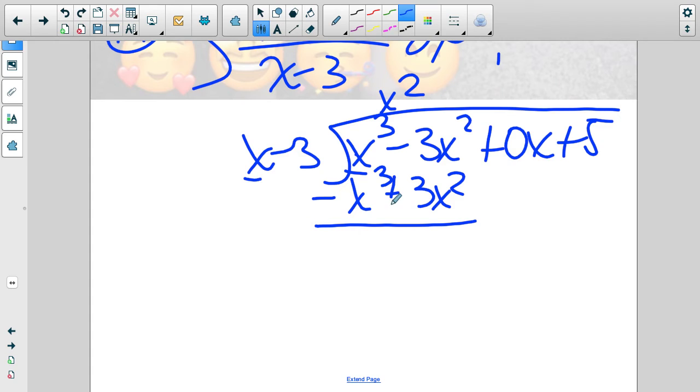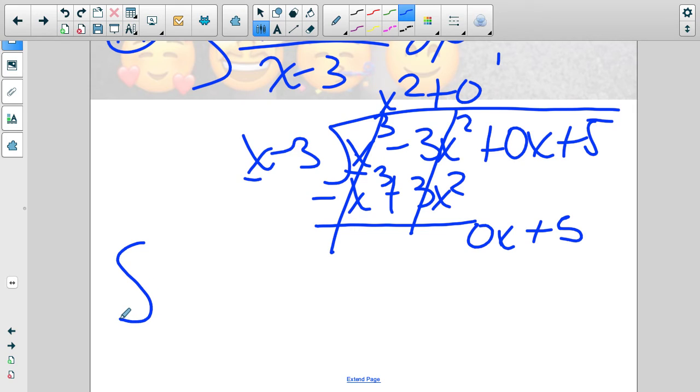I subtract, these cancel, and I bring down 0x plus 5. So I multiply by 0. And so here's my answer: I have the integral of x squared plus, my remainder, 5 over x minus 3.